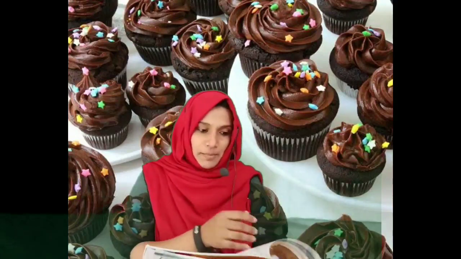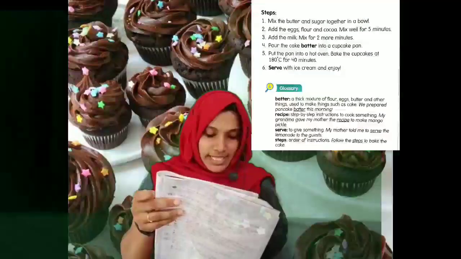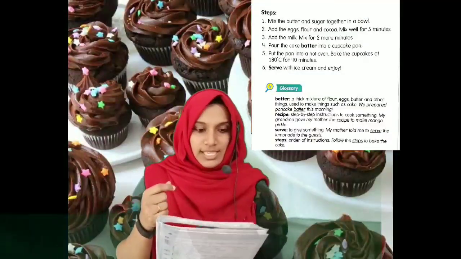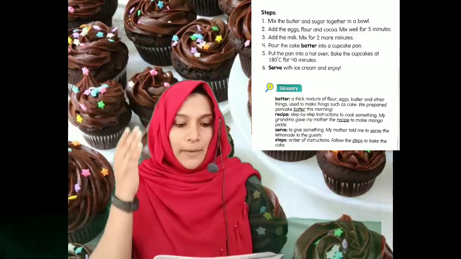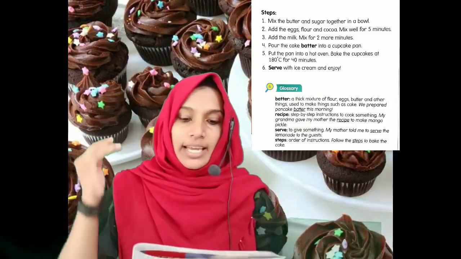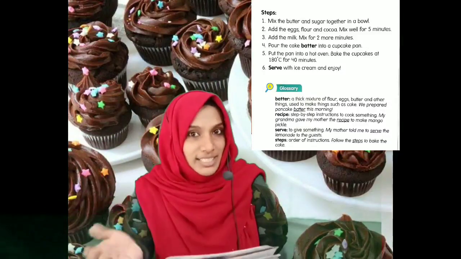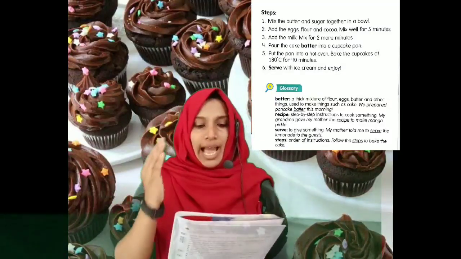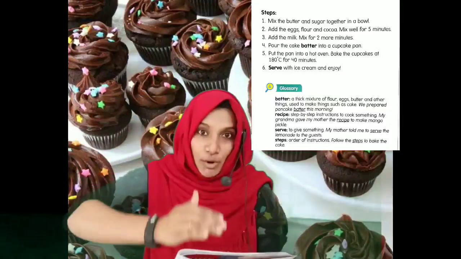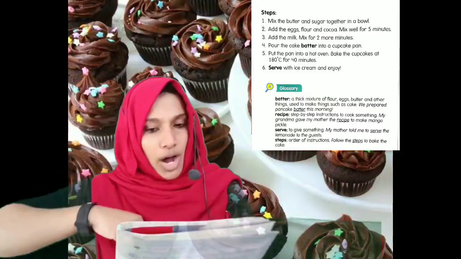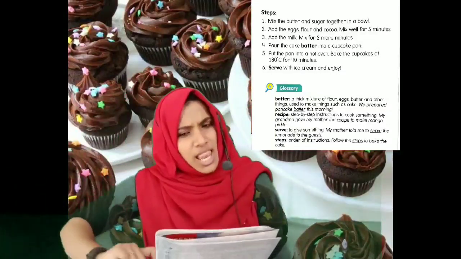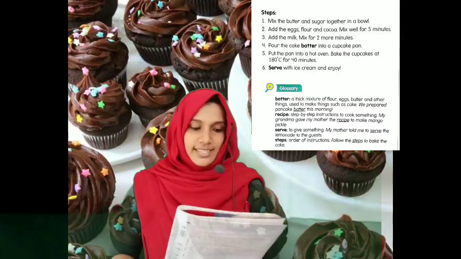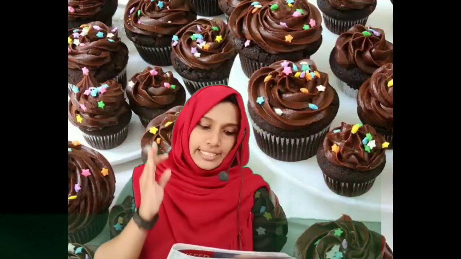Then see the steps. Turn to the next page. It is page number 16. Steps. 1, mix the butter and sugar together in a bowl. Then step number 2, add the eggs, flour and cocoa. Mix well for 5 minutes. And 3, add the milk and mix it for 2 more minutes.